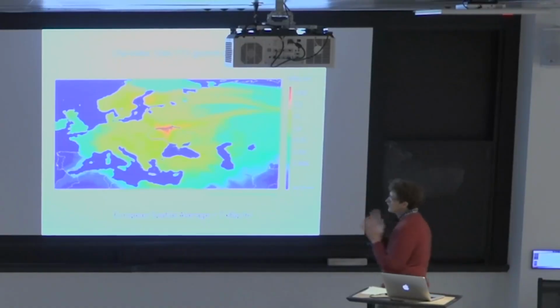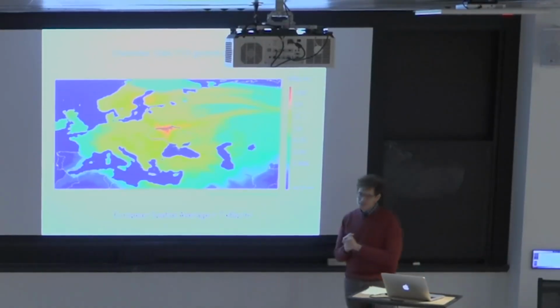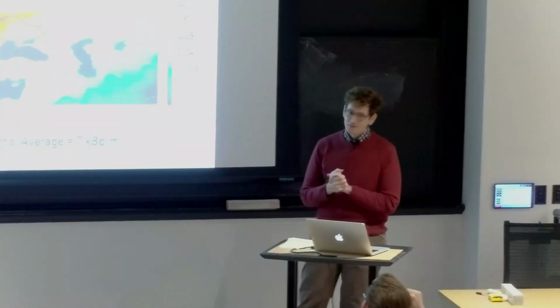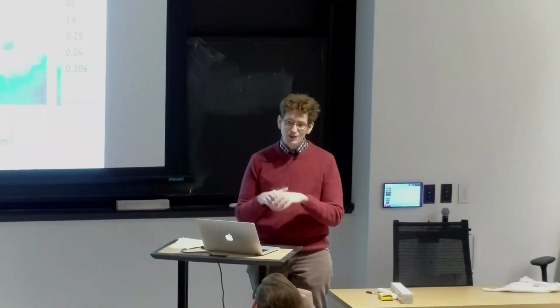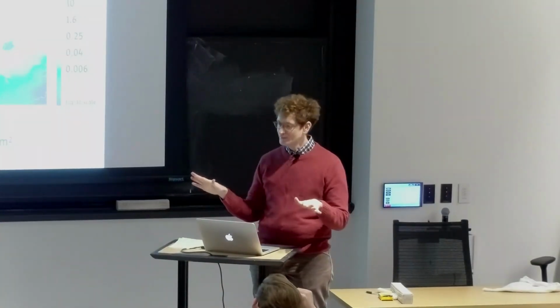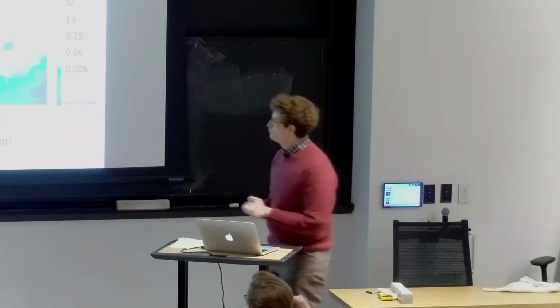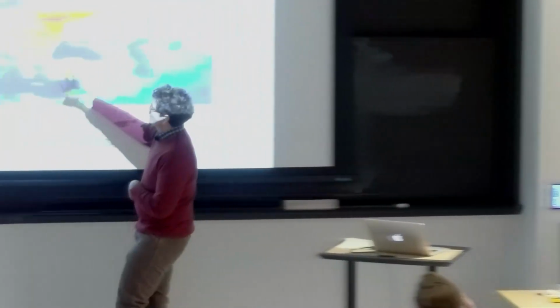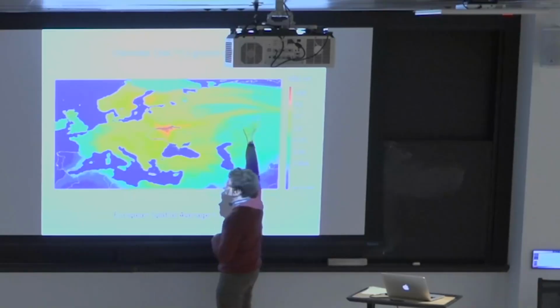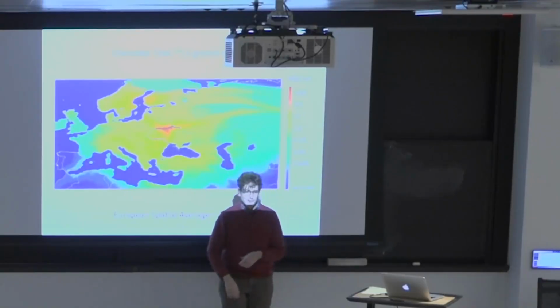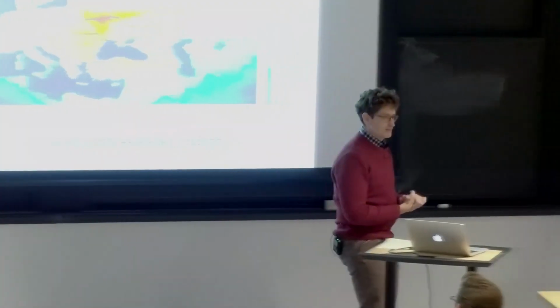Now, what we really care about is not the average land contamination. It's the average exposure to a person. And people aren't evenly spread across all of the land, right? Western Europe has a higher population density than Siberia. And so we need to maybe accommodate for that.